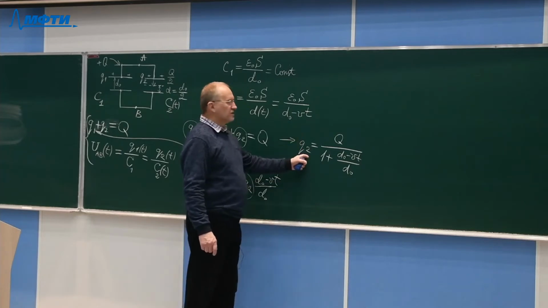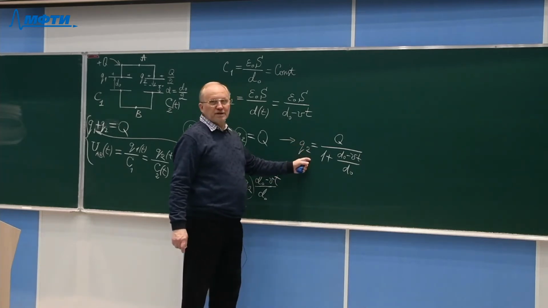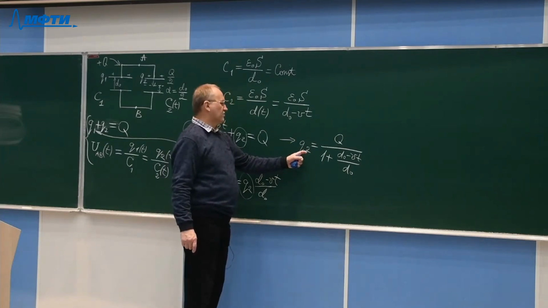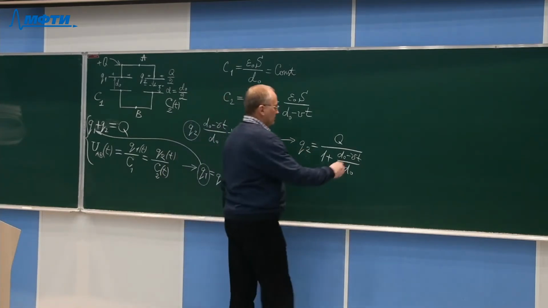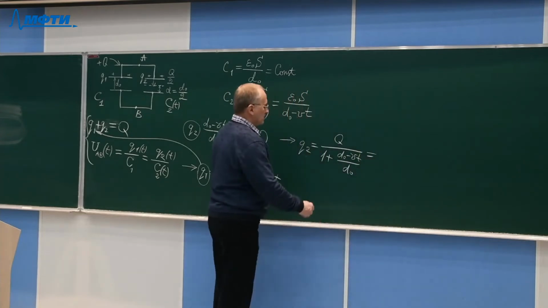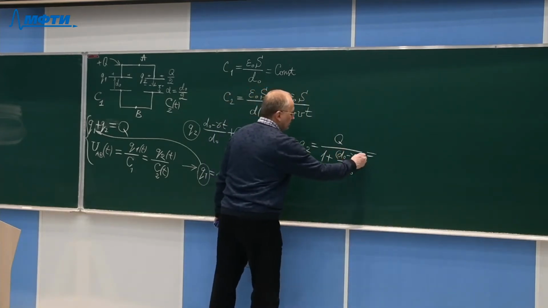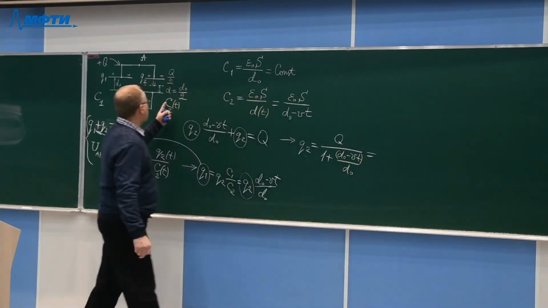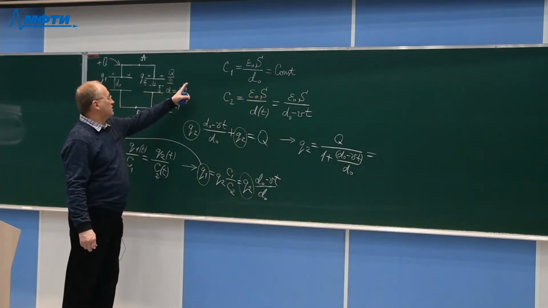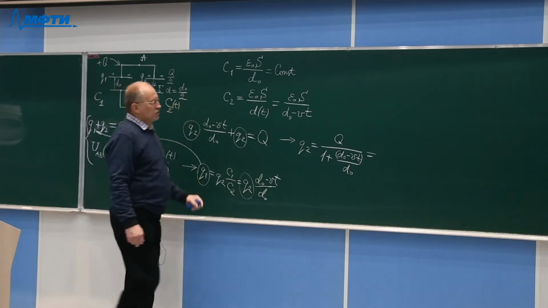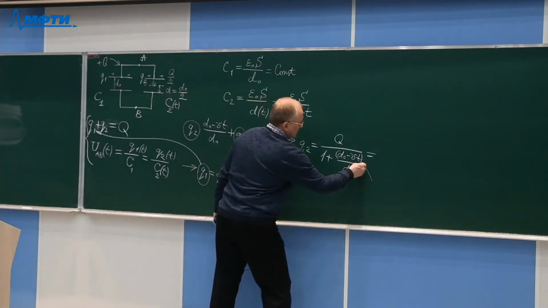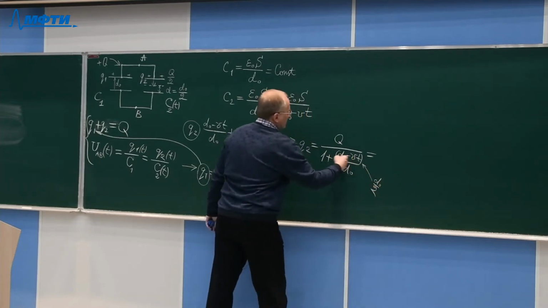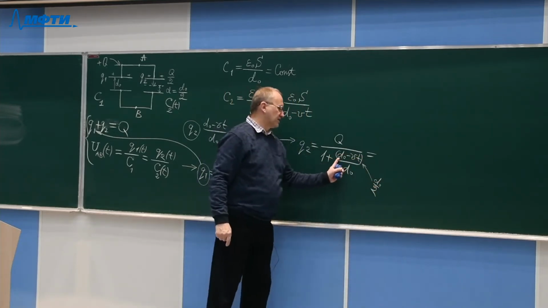The only thing we need is to calculate the final value for this charge. And the final value can be calculated because we know the final value for the distance between the plates of the second capacitor. And we know that the final value will be just equal to D0 over 2. So we have to substitute here D0 over 2 for the distance between the plates of the second capacitor.